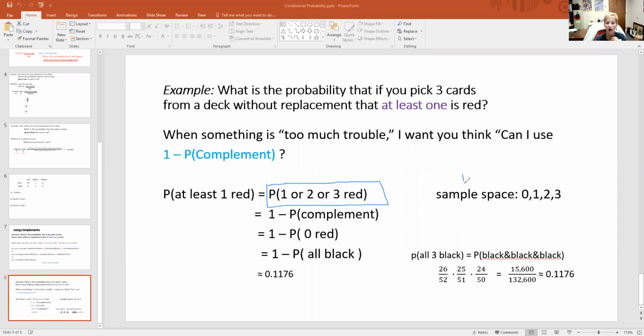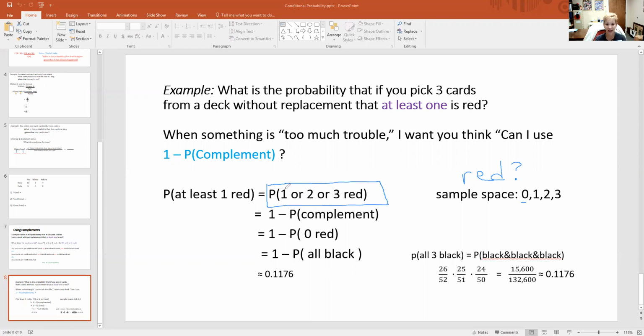If you pick 3 cards, what are all the number of red ones you might get? Well, you might not get any red ones. You might get 0 red ones. Or you might get what? 1 red one or 2 red ones or what? All 3 could be red. If you pick 3 cards, that's all the possible number of red cards.